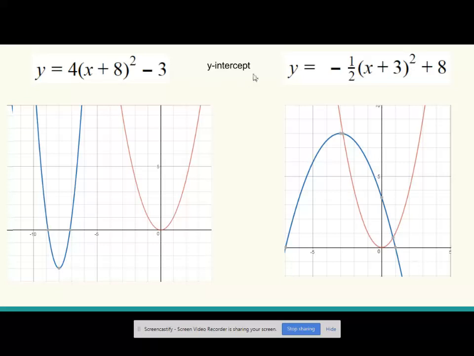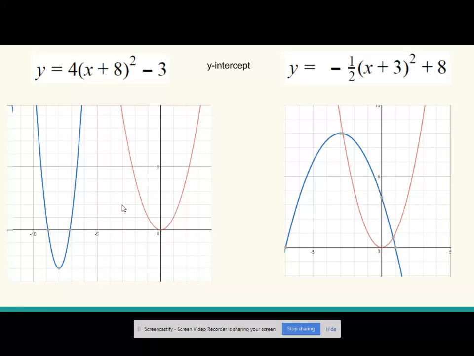One thing I want to mention with the y-intercepts, we can still find the y-intercepts the same way we were doing before. You can still put 0 in for x and say, well, 0 plus 3 is 3, squared is 9, times negative a half would be negative 4.5, plus 8 would be 3.5. And sure enough, the y-intercept is 3.5.